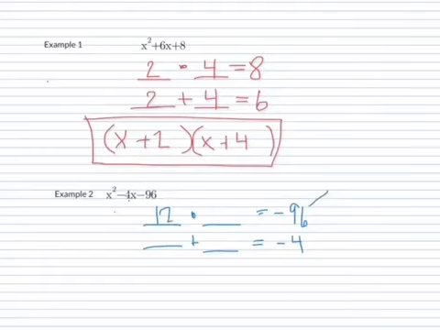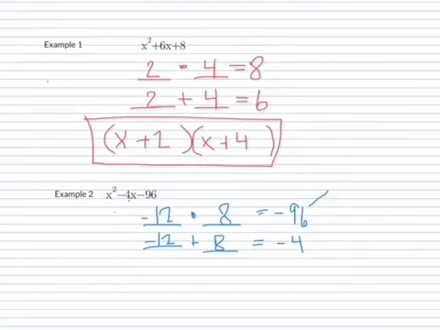So we have 12 times 8. Now the only problem here is that 12 times 8 is positive 96 and we need negative 96. So one of these two factors has to be negative. To get to negative 4 where we add them, 12 minus 8 is 4. So the 12 is what will have to be negative, because negative 12 plus 8 will be negative 4.